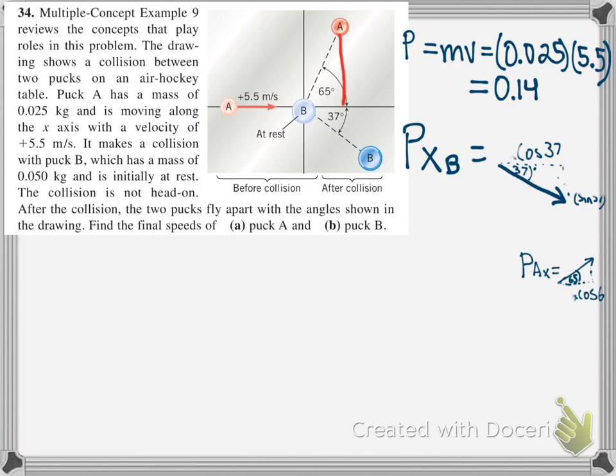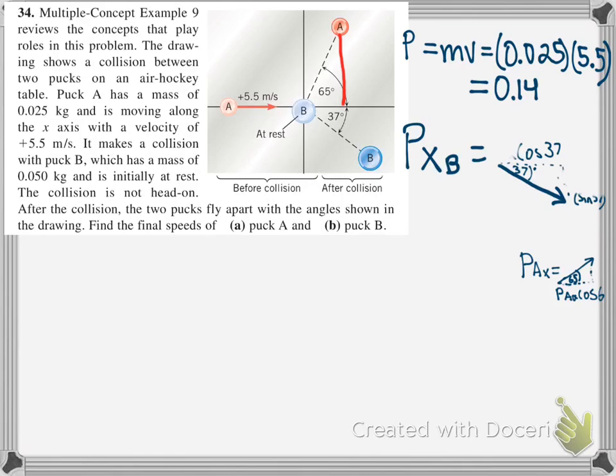I know I've mentioned the conservation of momentum a little bit, but here I just want to show you what it means. When puck A hits puck B, you have to remember the initial momentum is always the same as the final momentum.